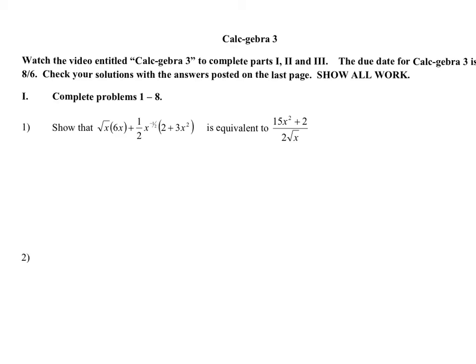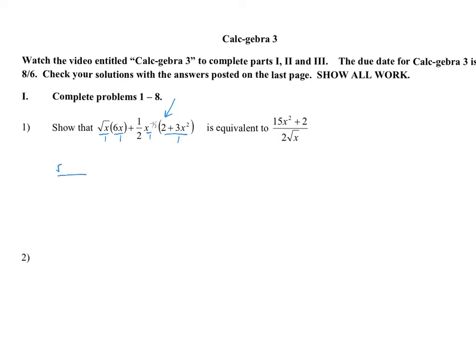Okay, turn to part 1 and we're working on number 1. We're going to show that this awful looking thing is equivalent to 15x squared plus 2 all divided by 2 root x. First, put your over ones. Now we're going to fix our numerators and denominators.